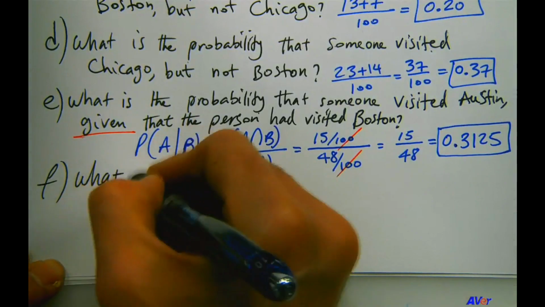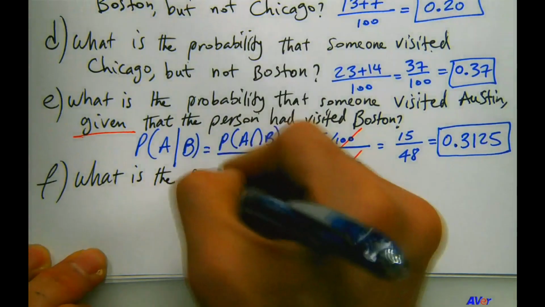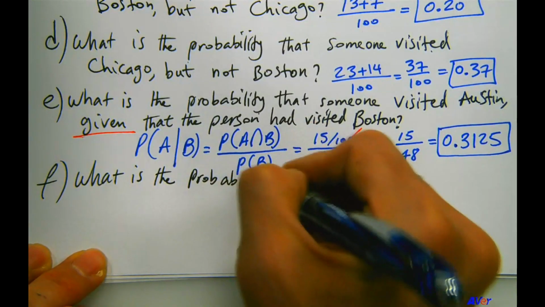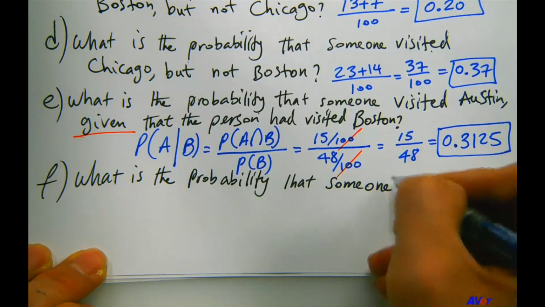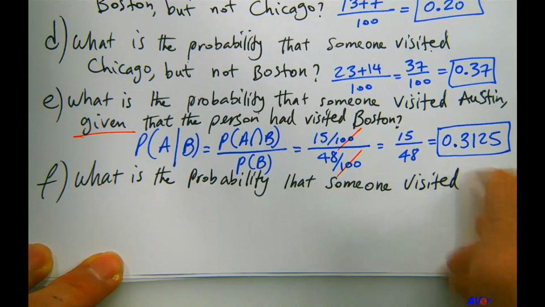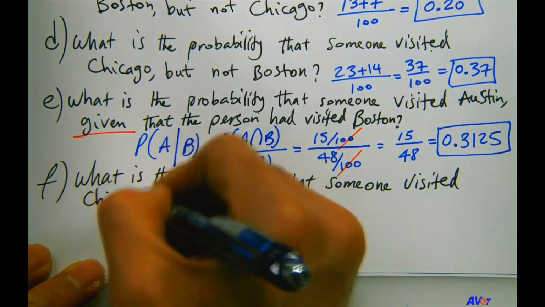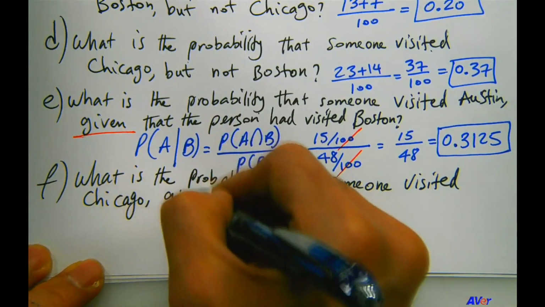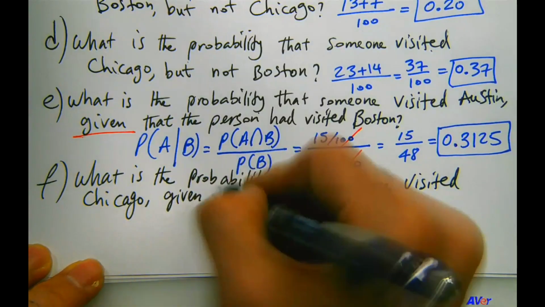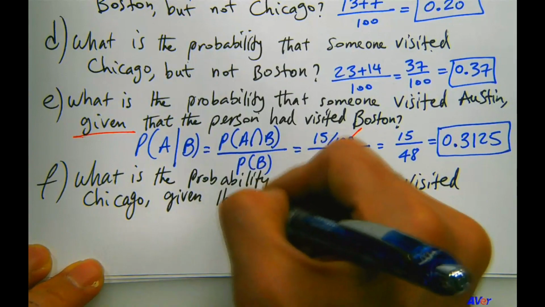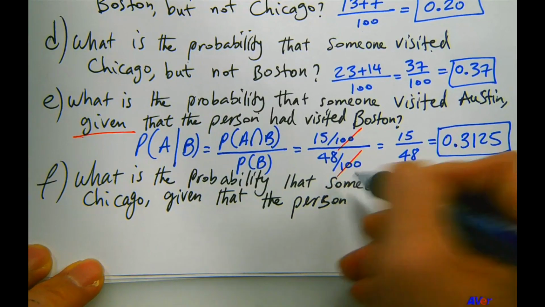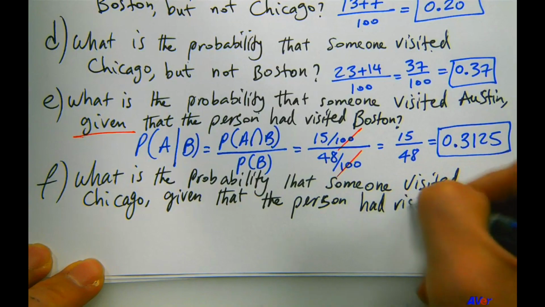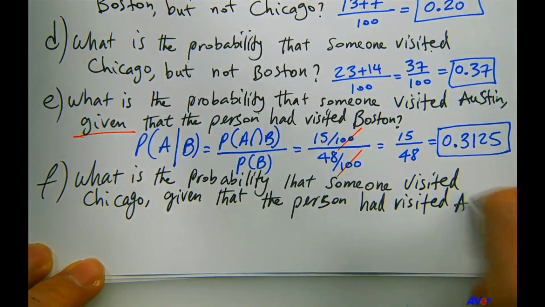So we want to know the probability that somebody visited Chicago given, right, very important word, indicates conditional probability, given that the person had visited Austin.